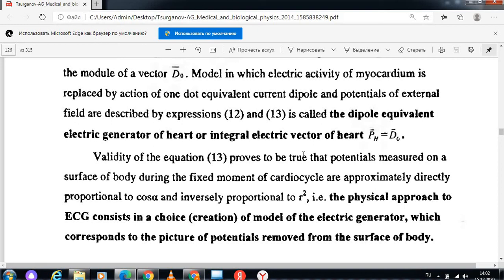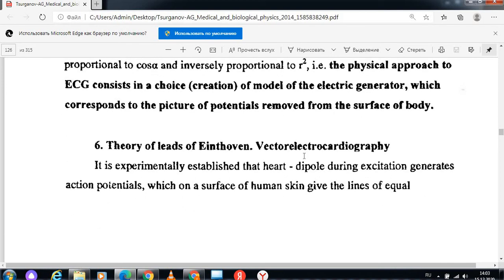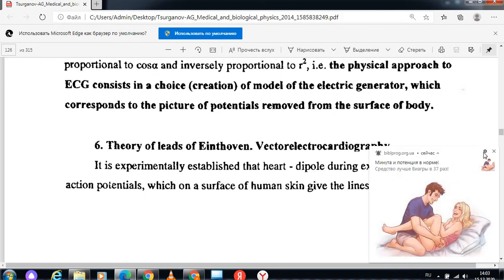So we build a model which gives us a real physical approach to the electrocardiogram, because we need to find the dipole equivalent electric generator of the heart, or integral electric vector of the heart. And we are going slowly to the theory of leads of Einthoven.